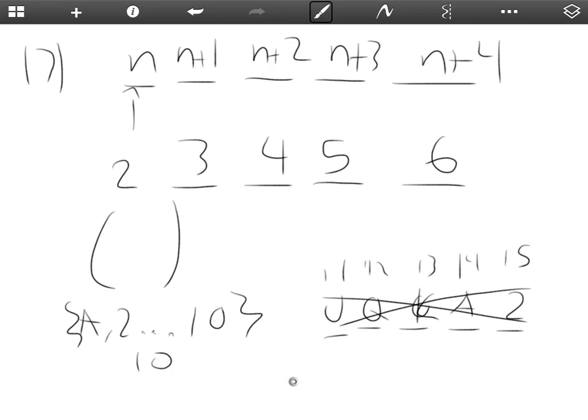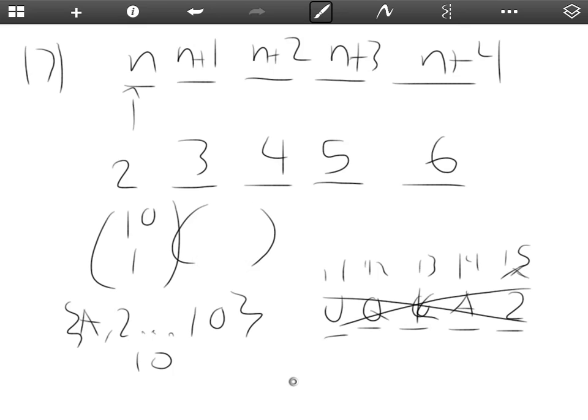So this is 10 choose 1, times, well, what's the potential value of each of these cards?